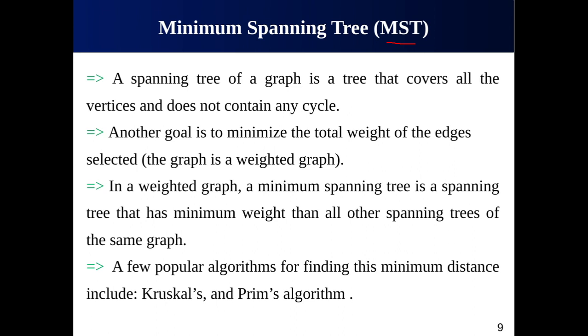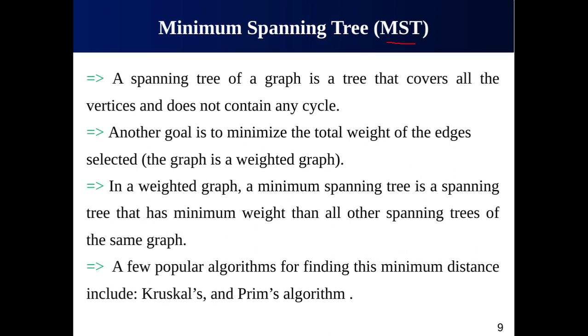Let us go back to the concept of spanning tree, and let me rewind: a tree that covers all the vertices, with no loop, no circuit, and no cycle. But besides this, in most practical applications, there is another goal that needs to be achieved, and that goal is to minimize the total weight of the edges selected if it is a weighted graph.